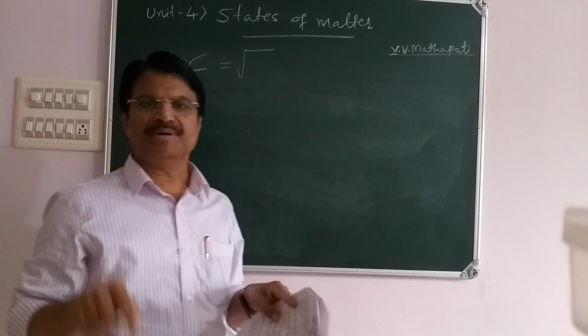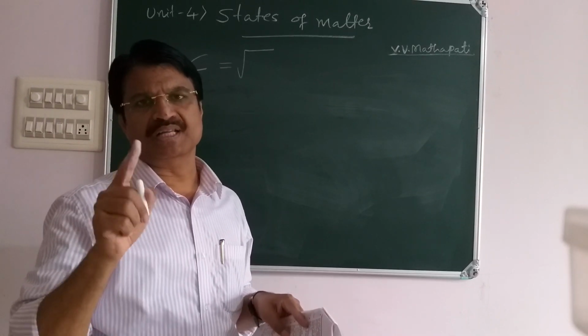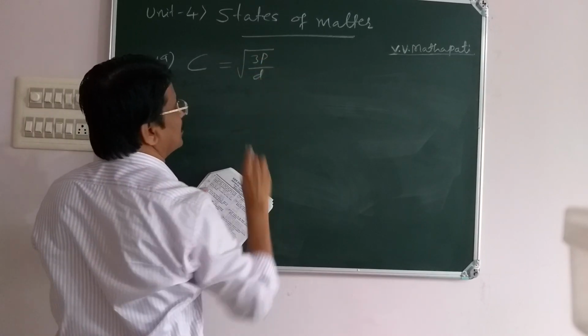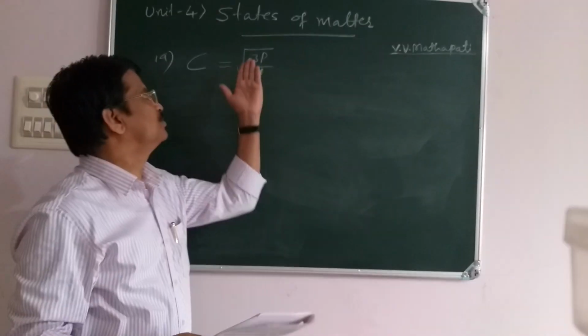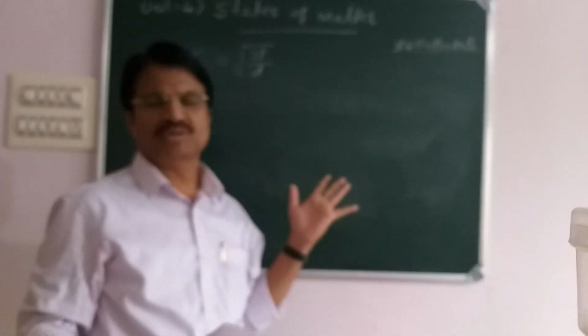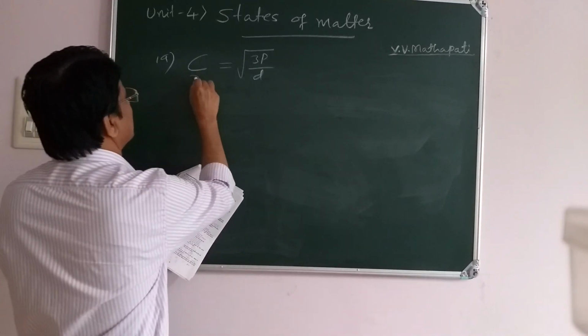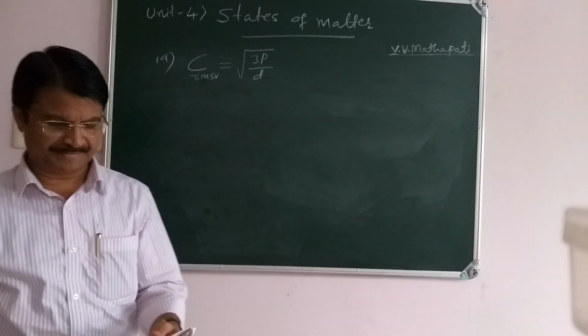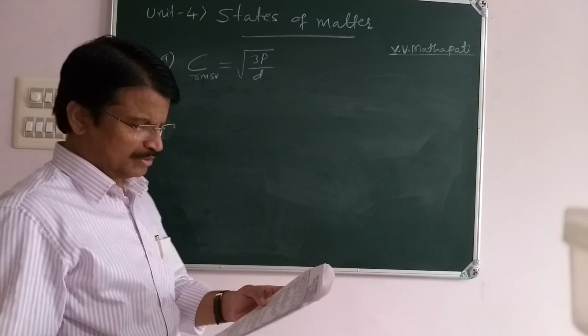Second, 3PV by M. Third formula, 3P by D. Therefore, in this question, pressure is given and density is given, hence you have to use the formula C equal to root 3P by D, where C is the RMSV, root mean square velocity. And see what you have to find out.